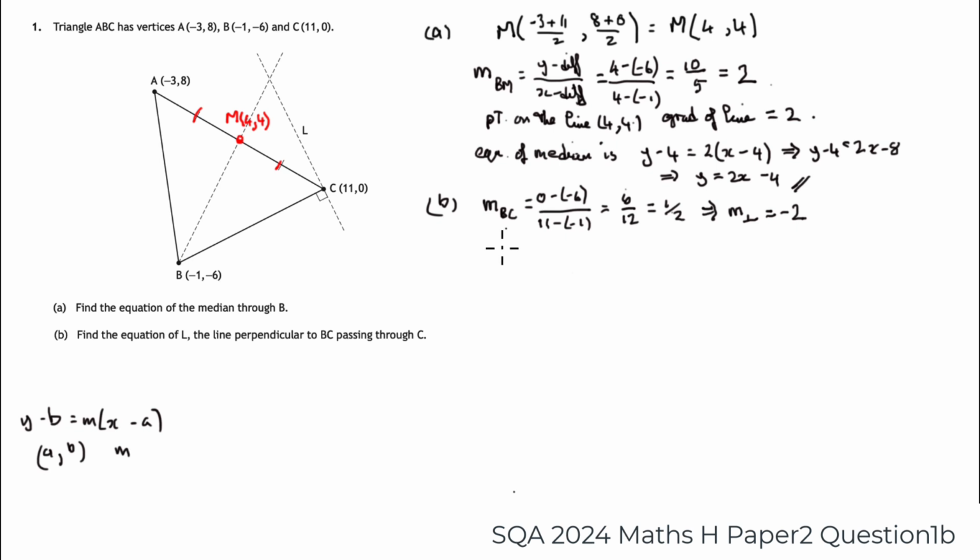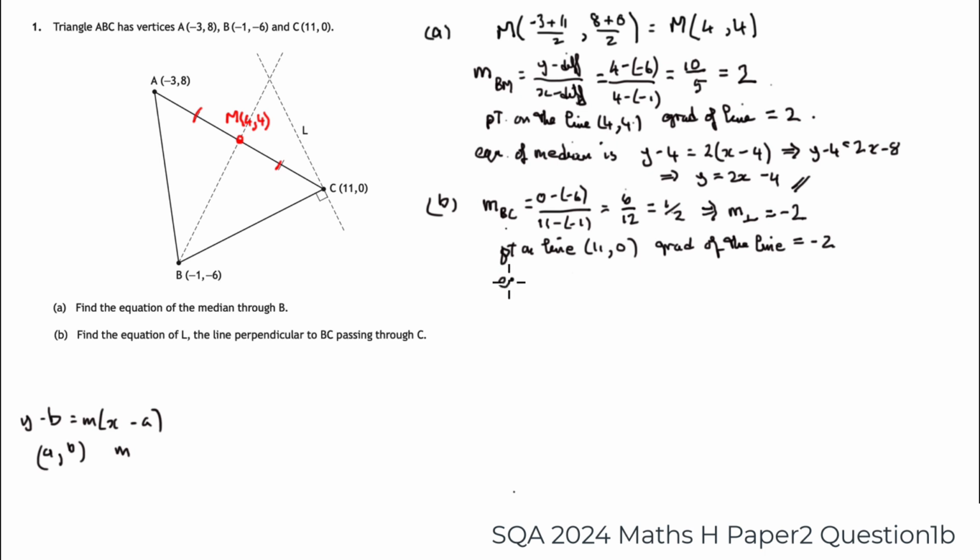So what do we know? We know a point on the line. That's 11, 0. And the gradient of the line. I always like to summarise the information that you're using in this formula in case you make mistakes.